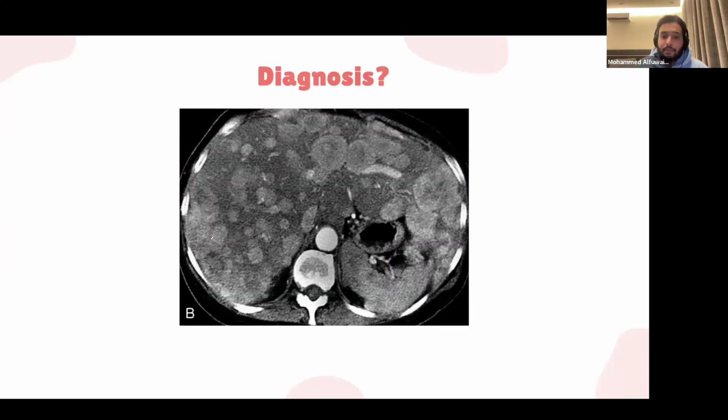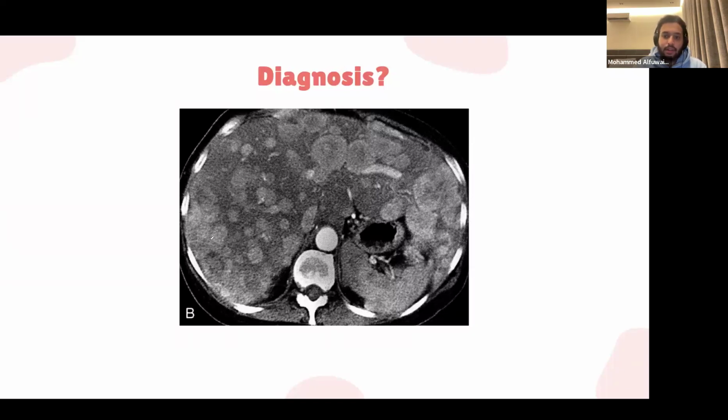Contrast this with a patient who has multiple hyperdense, relatively hyperdense, or isodense lesions. Metastatic, good. What's the most common source of liver metastasis?